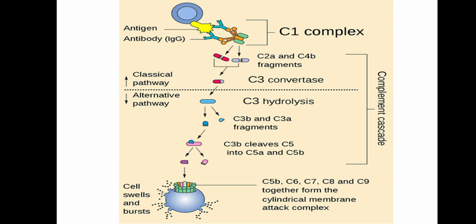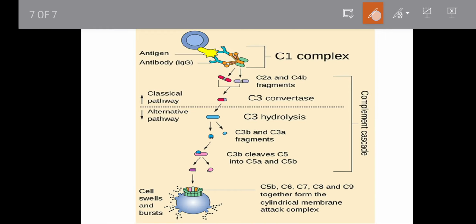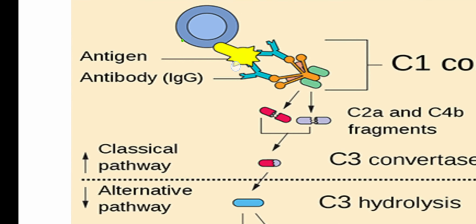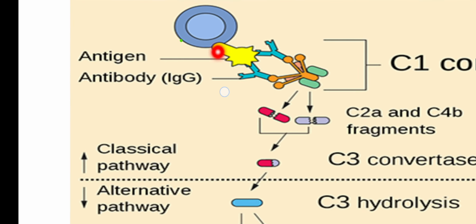See, at the beginning, a pathogen is entering the body. This pathogen has an antigen. This yellow thing is the antigenic part. This antigenic part is attacked by these antibodies.